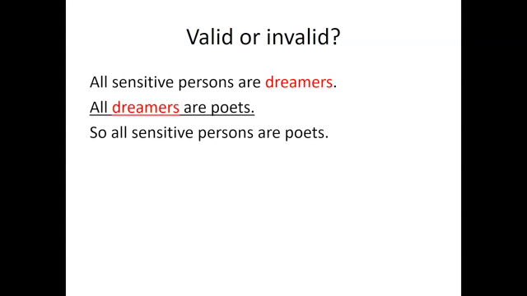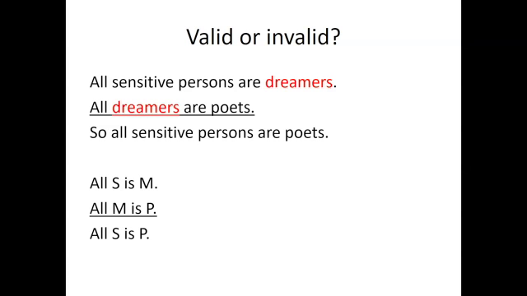First, let's look at what the form of that syllogism is. If we put it in standard form, we replace each term with a letter, a variable representing that term. We have a subject term and a predicate term, and we also have a middle term. Remember, the middle term is the term which is not in the conclusion.